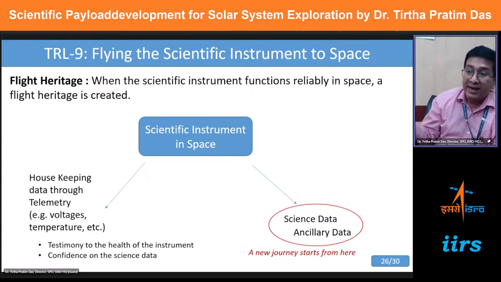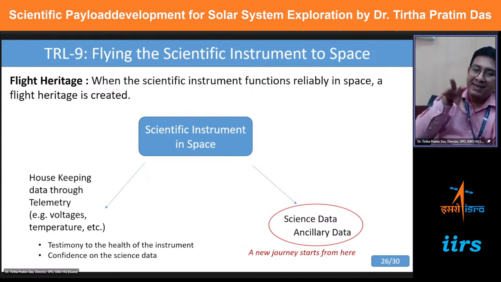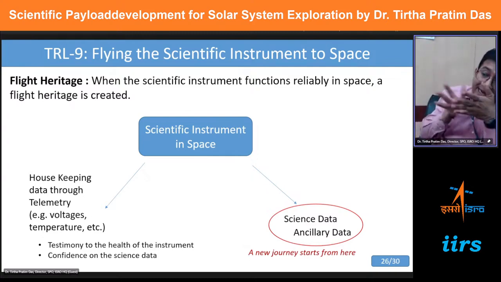What are the kinds of data you get? Housekeeping data through the telemetry channels, which comprises information about different voltages, temperature, which give you confidence about the science data. And along with the science data, you get ancillary data. What are ancillary data? The science data are not enough for scientific analysis. You need to know when this instrument has acquired the science data, where your instrument was looking at.